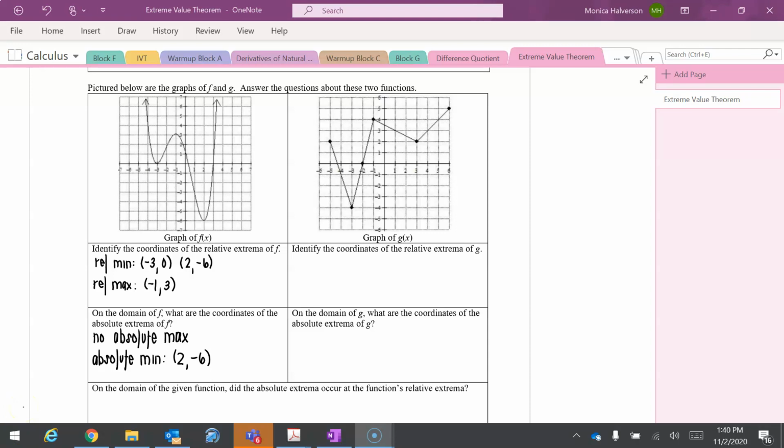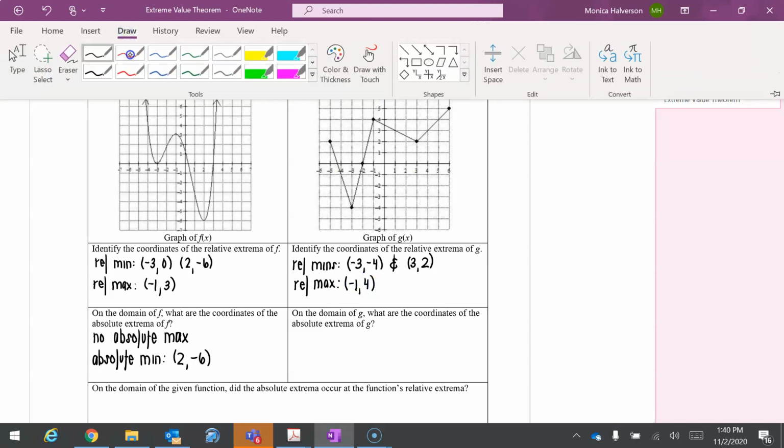So if we were to identify the relative extrema, we would identify that we have relative mins at (-3, -4) and (3, 2). Okay? That's where we went from decreasing to increasing. We would have only one relative max at (-1, 4).